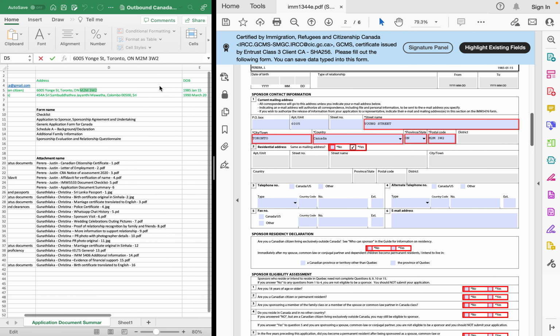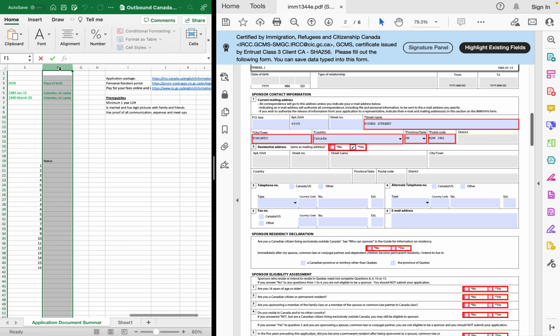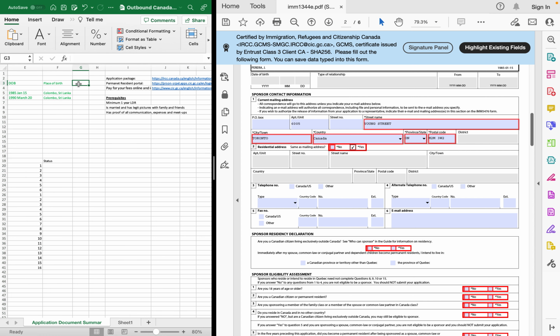Then it's asking for a telephone number. The number is gonna be this. Okay, that's the telephone number of this person.